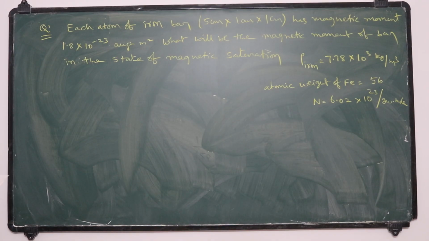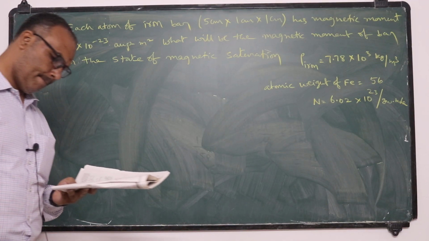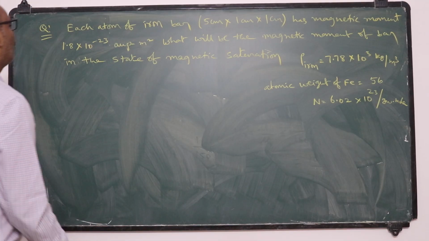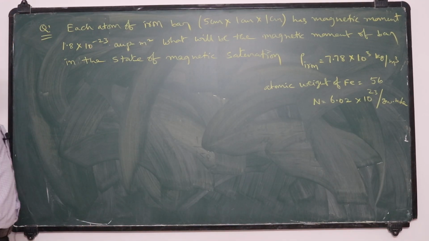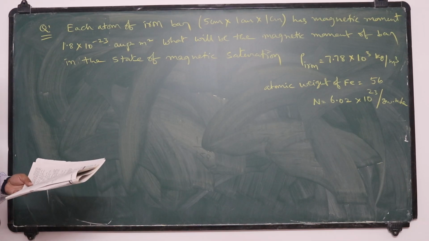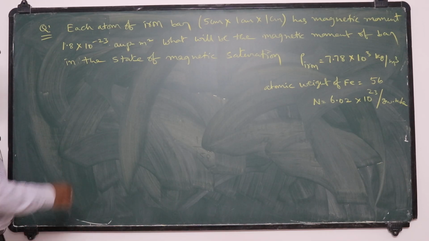So as per the question, you are provided with the dimensions of the conductor, and you are provided with the magnetic moment of each atom. Okay, so now let me calculate.